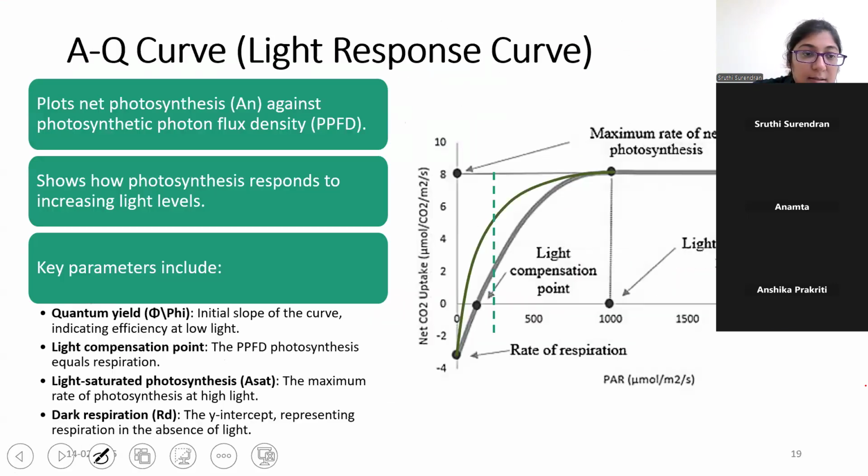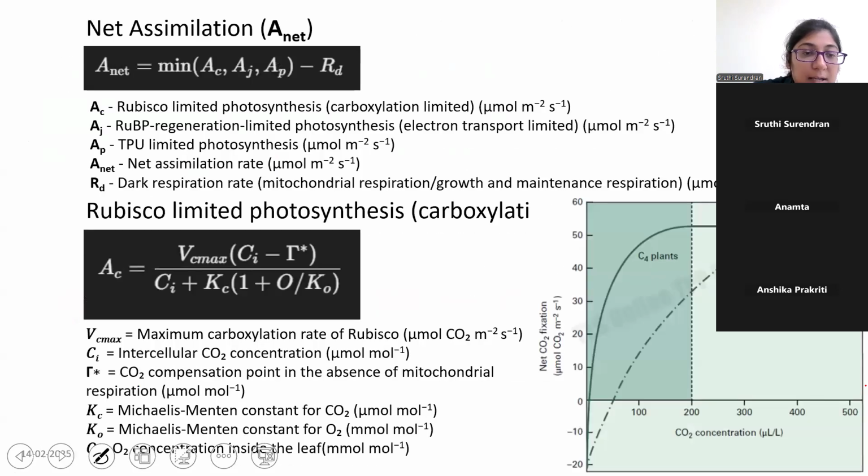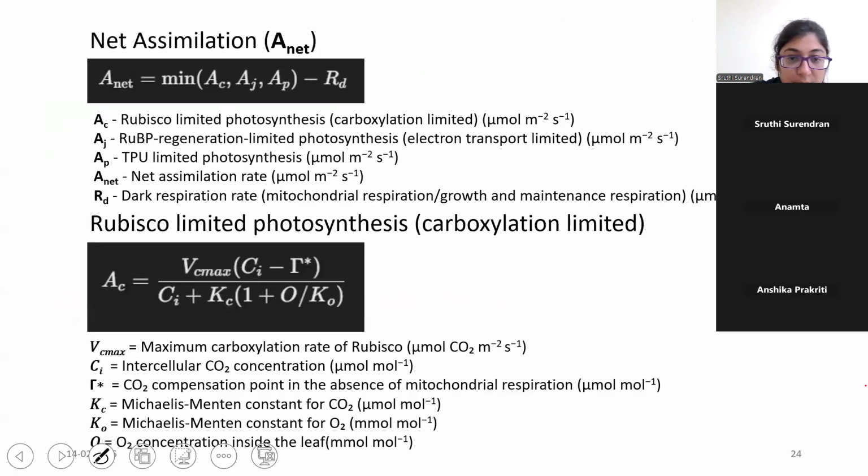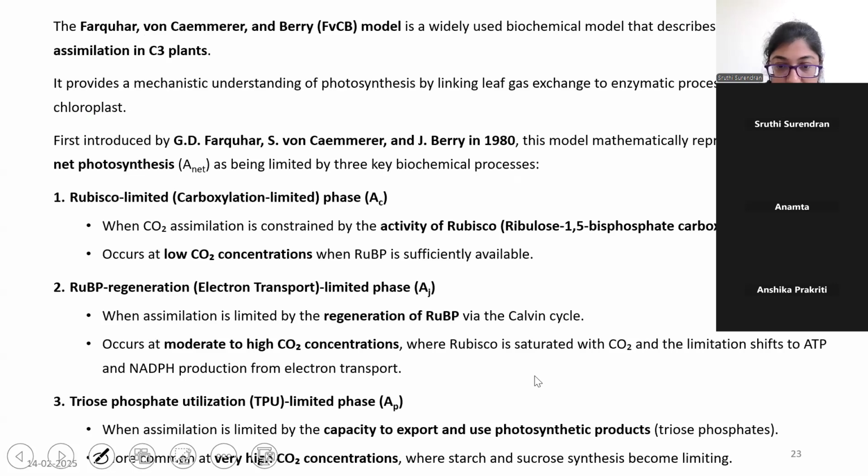So that is why we are saying this RUBP regeneration phase is occurring at a moderate carbon dioxide concentration. During this phase, Rubisco is saturated with carbon dioxide, and Rubisco is no longer going to control the photosynthetic rate. Instead, RUBP regeneration will be what affects the photosynthetic rate.